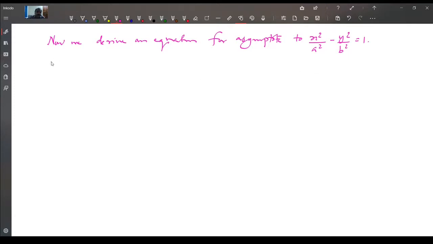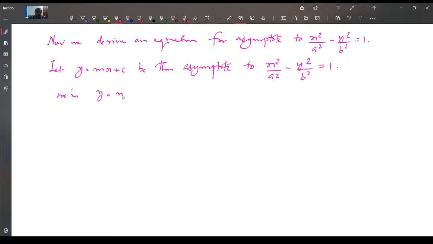So you let y is equal to mx plus c be an asymptote to x square by a square minus y square by b square equal to 1. Then substituting y is equal to mx plus c in this equation, you will get x. And since y is equal to mx plus c is the asymptote, from that equation we must get x equal to infinity.